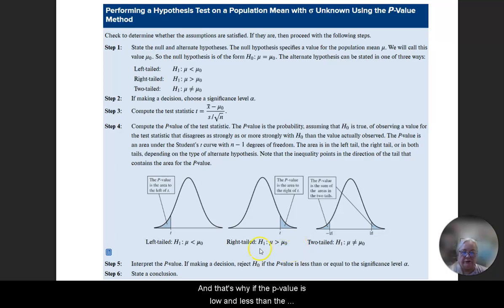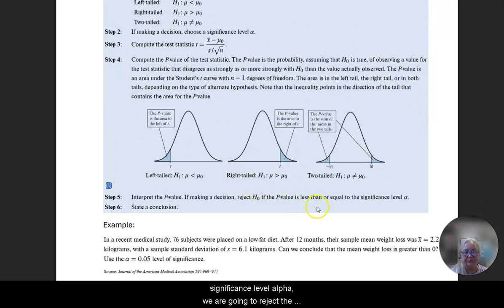And that's why if the p-value is low and less than the significance level alpha, we are going to reject the H naught and state a conclusion about that. Now, if the p-value is greater than the significance level alpha, then we do not reject H naught.